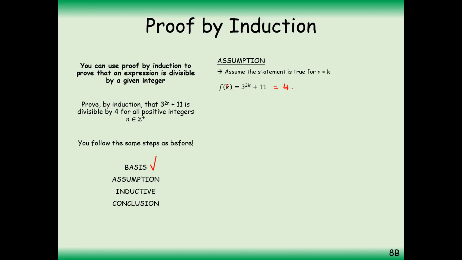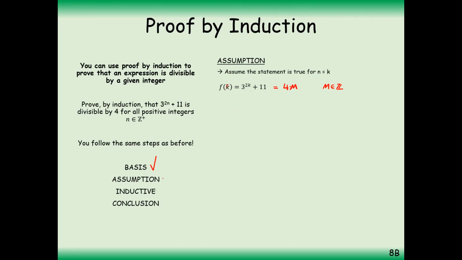Therefore, we can write it as 4 multiplied by yet another number, m, as long as m is an integer, that's all that's important for now. So our assumption step here is complete. We're saying that this is divisible by 4.